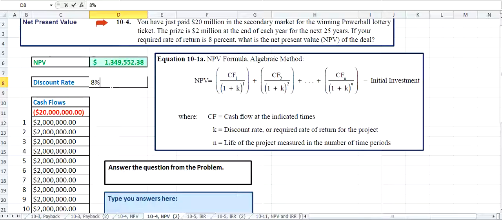We can put in 8.6, right? And we're still positive at 8.7. We're still positive, right? At 8.78, we're still positive.